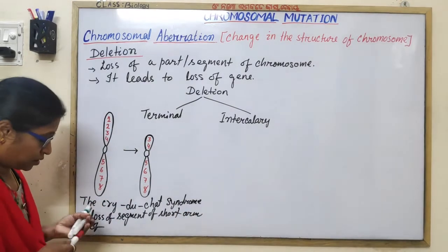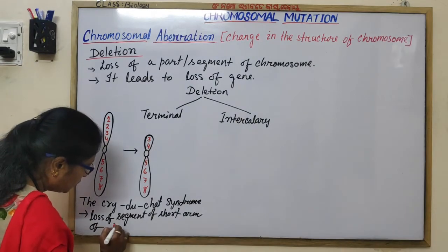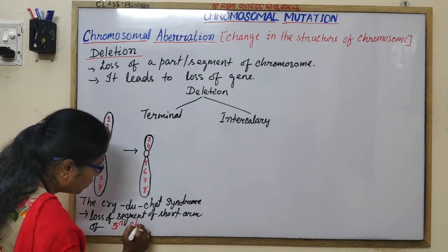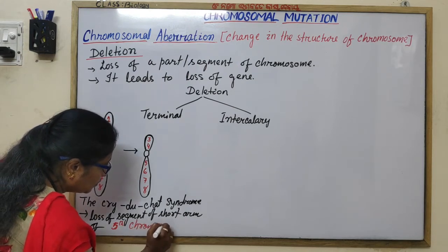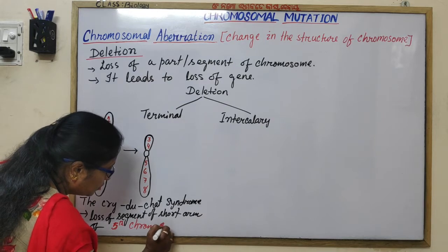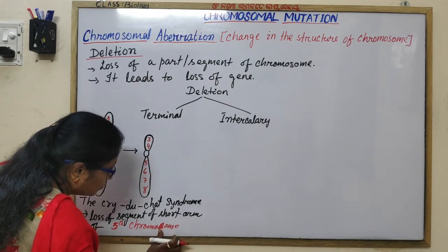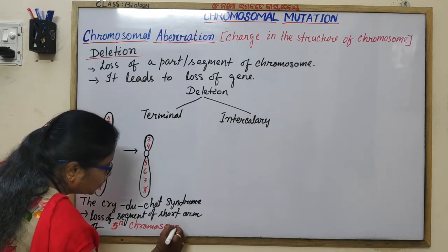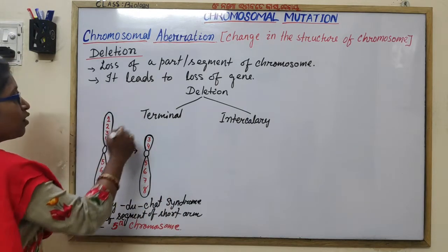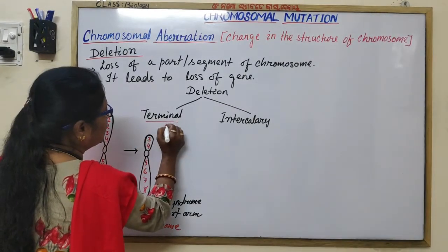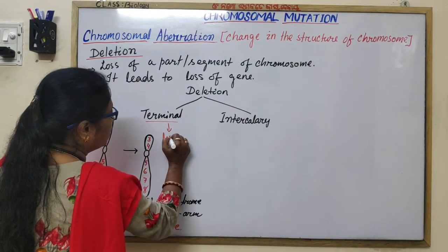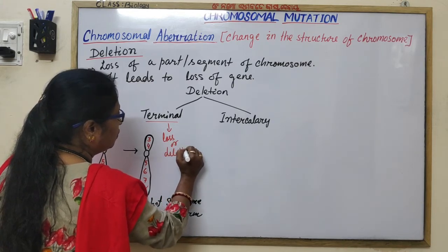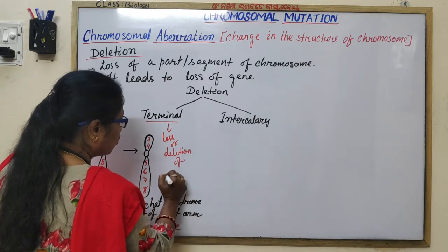Which chromosome? Of fifth. Fifth chromosome. This terminal deletion occurs generally due to the loss or deletion of short arm.